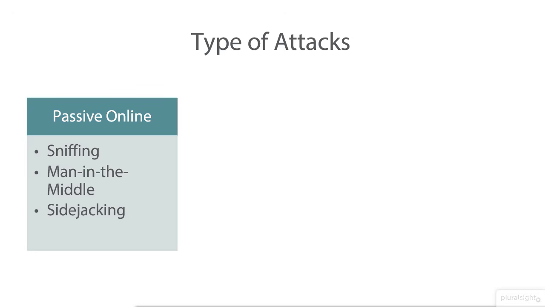Passive online attacks include things like sniffing the network to see if we can discover passwords going back and forth. Great example of this is FTP. FTP uses clear text by default, and so just sitting there sniffing, we might be able to pick up some passwords, as well as man-in-the-middle attacks.